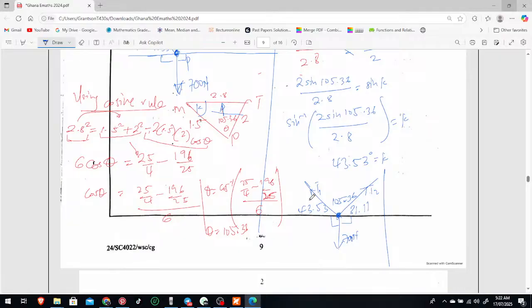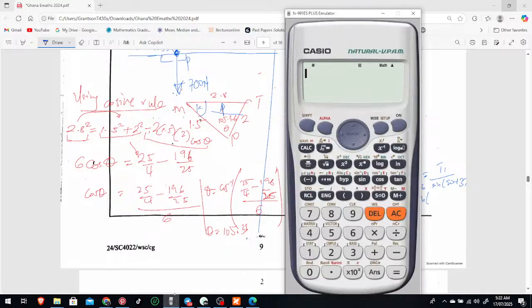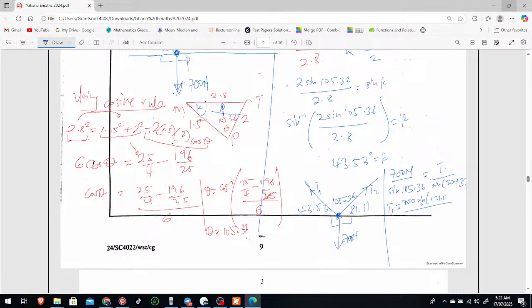So let's continue. We're using our Lami's theorem. We have the 700 newtons. 700 newtons over sine 105.36 equals T1 over sine 90 plus 31.11. So what will be the value of T1? 700 sine 121.11 all over sine 105.36.